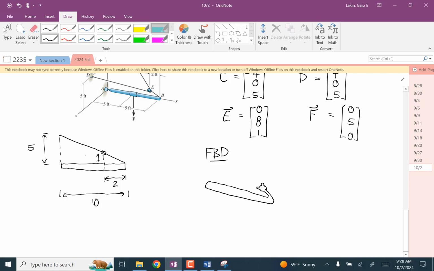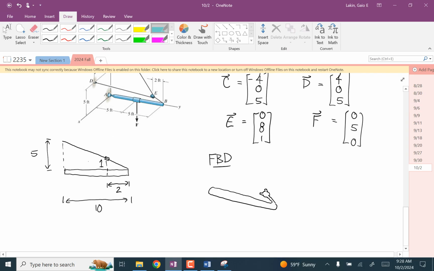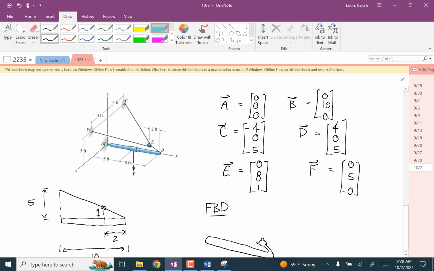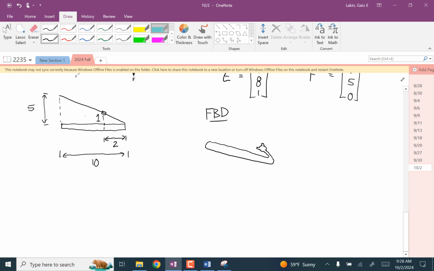You don't have to do that, but this way is just going to let us calculate the tension in that DEC cable in one step. Okay. So we have a tension this way and this way.